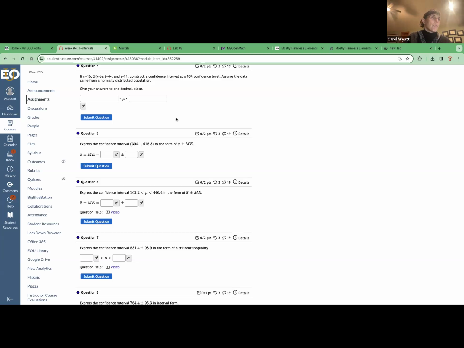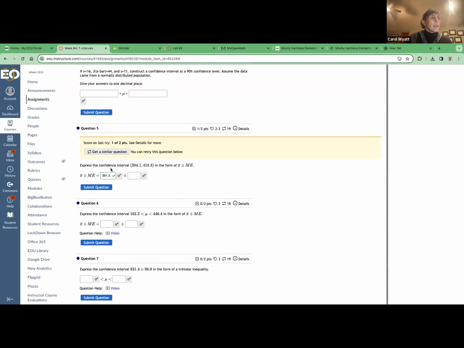My mean has to fall smack in the middle of a confidence interval. Again, t distributions are symmetric, just like normal curves are symmetric. So that would give me that part right there. My margin of error is going to be the distance away from the middle to these areas. So if I take that and subtract 304.1, my margin of error is 57.1.